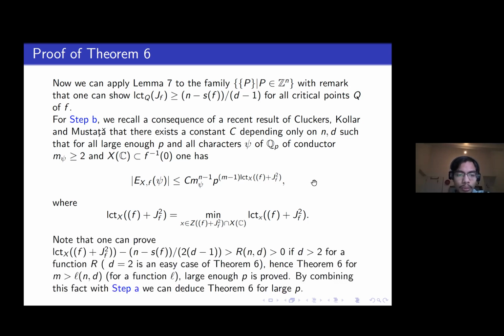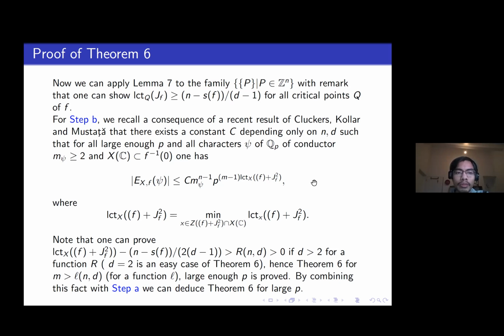And we also remark that one can show that the log canonical threshold of f plus Jf squared at x minus (n minus n_f over 2d minus 1) is bigger than r(n,d), and bigger than 0 if d is bigger than 2, for a suitable function r in terms of n and d.